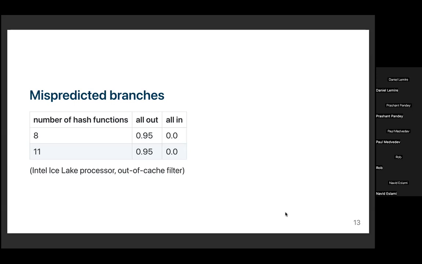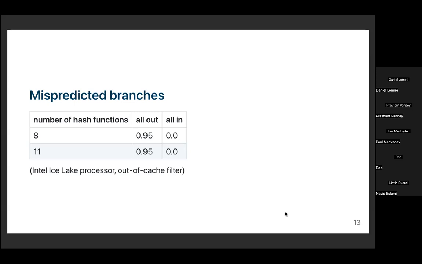It's really hard for them to make the cost less. So what we see here, and it should be obvious, is that if all of the bits are set to 1, then you check all of them. That's really good, and you don't mispredict anything because it's perfectly easy to predict. Whereas the opposite is true. If the value is not in the set, you're almost guaranteed to get a mispredicted branch.